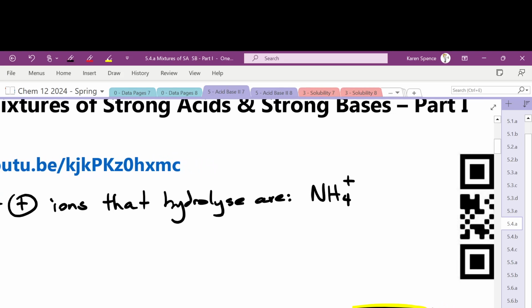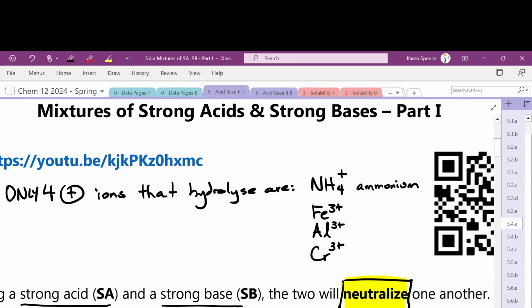It's a molecular compound. It's not part of a salt. Okay? Iron, aluminum, and chromium. So those are the only 4 ions that hydrolyze.